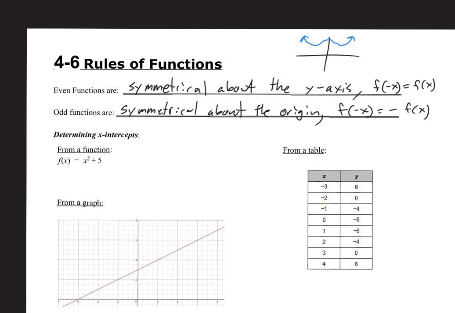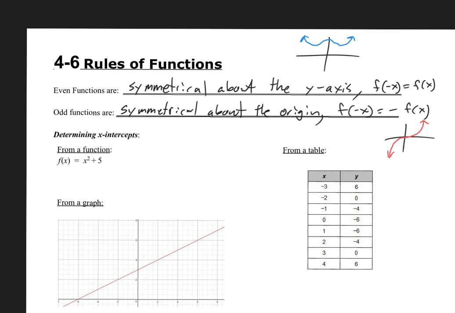Okay, and so a sketch of this for an odd function would be like a cubic function. So as you go, let's say you go 5 over and you go up so many, you'd go 5 back and you'd have to go down so many, okay? So that's the basic layout of the rules for even and odd functions.